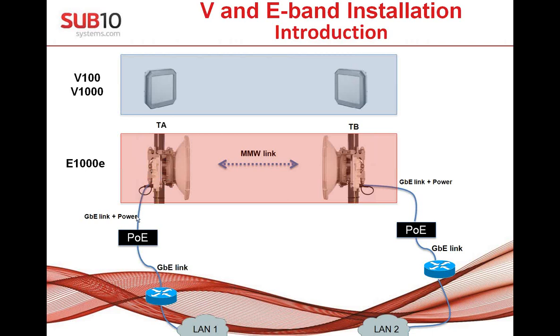This is really important for installation because this cable has to be at least Cat 5e, ready for gigabit, and it has to be the outdoor version. It's really critical to use the outdoor version, otherwise you can be in trouble, because after a couple of months the PVC jacket of an indoor cable can be damaged and water can get into the cable. You can also have some mechanical damage on the cable and so on.